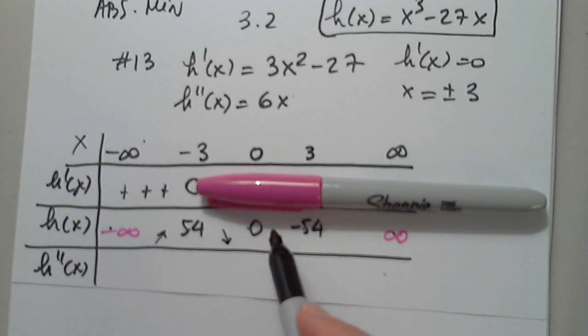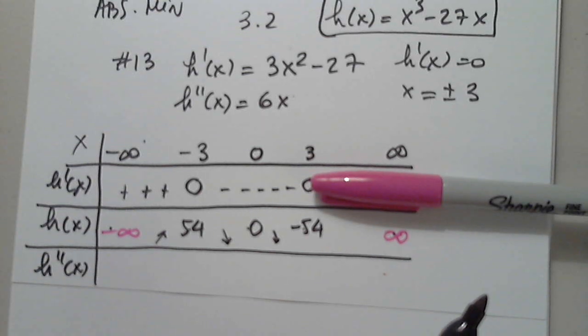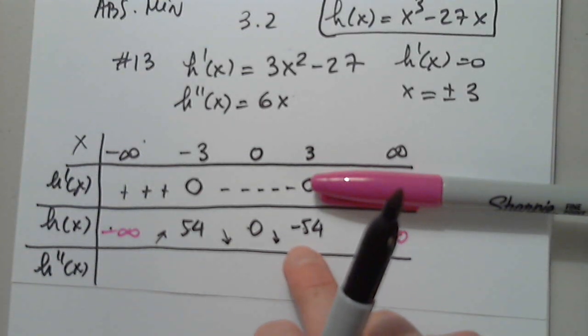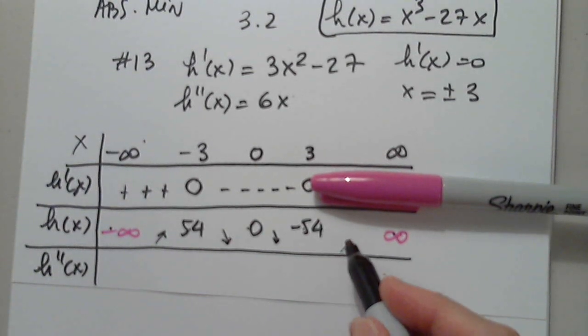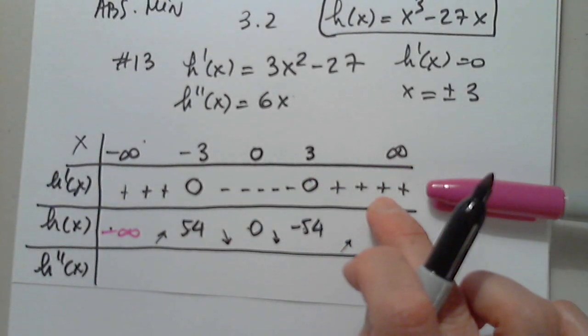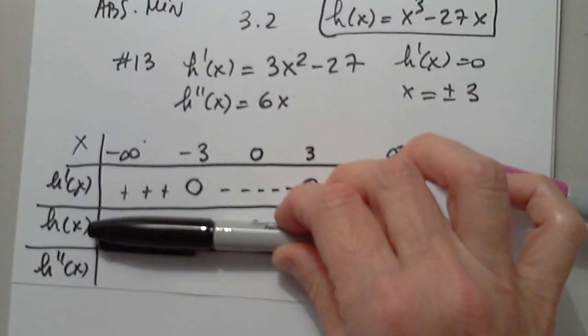Decrease. Yes. Is this supported by the sign of the derivative? Yes. Excellent. And finally, from -54 to infinity, what does the function do? Increase. Yes. Is this supported by the sign of the first derivative? Yes. Excellent. So then these two work well together.